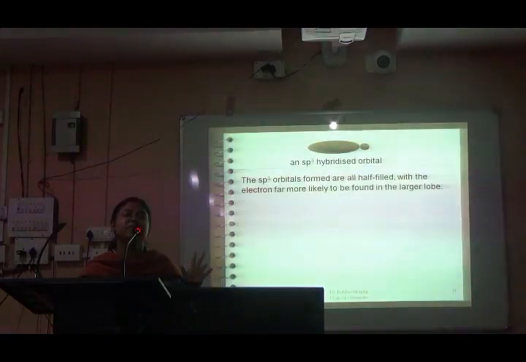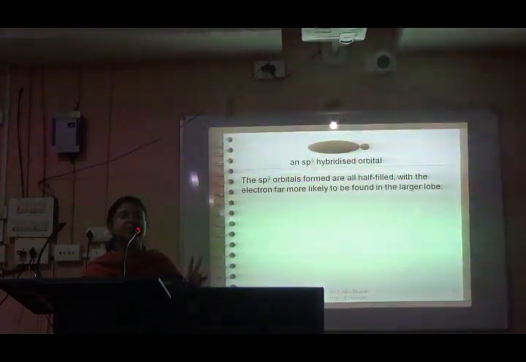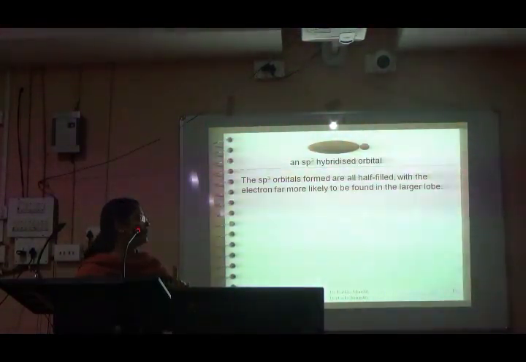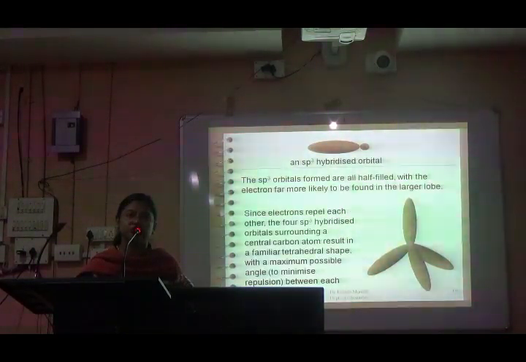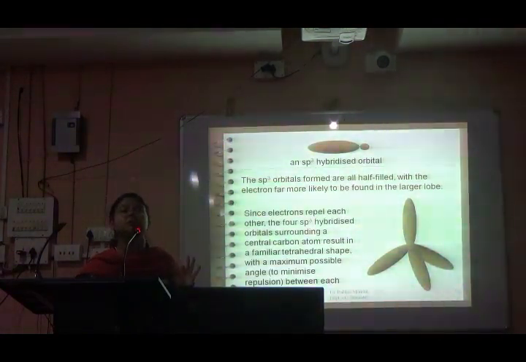We know that the maximum capacity of each orbital is 2. They can house up to a maximum of 2 electrons. So, since each hybrid orbital has got only 1 electron, they are all half-filled, and the electrons are more likely to be found in the larger lobe. In fact, when we give a pictorial representation, we usually omit the smaller lobe.